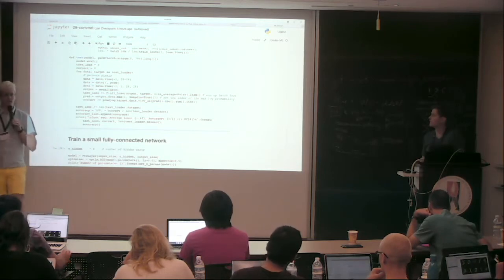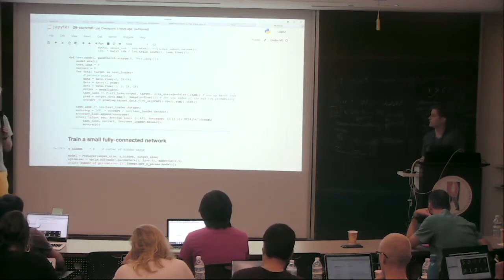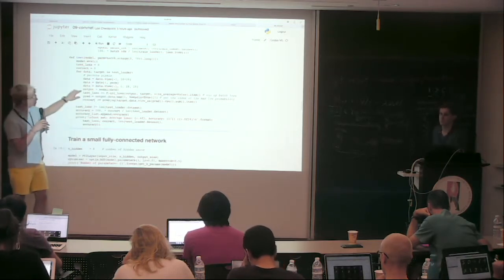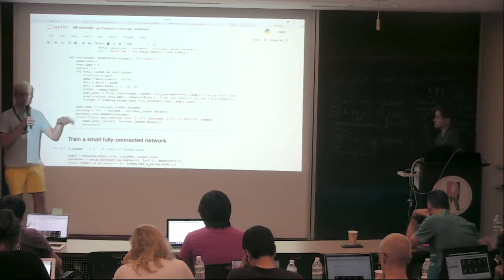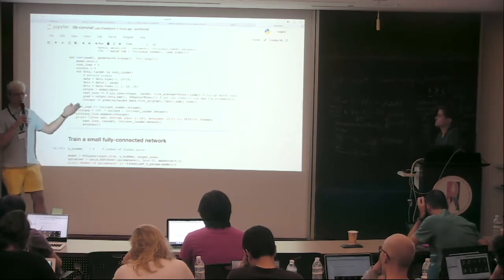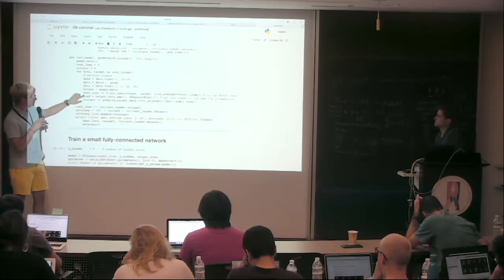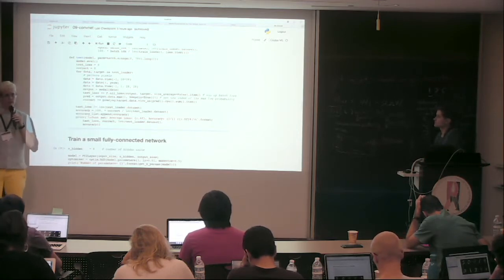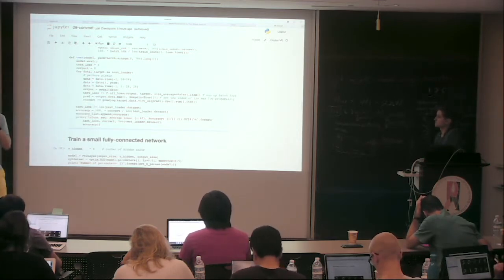You can just write your number on a piece of paper, take a picture with your phone, resize it to 28 by 28, then do a NumPy image load, something like that, and put it here. And this is going to spit out the probability distribution over the 10 classes, which tells you how likely the drawing you made is to be one of the 10 digits.